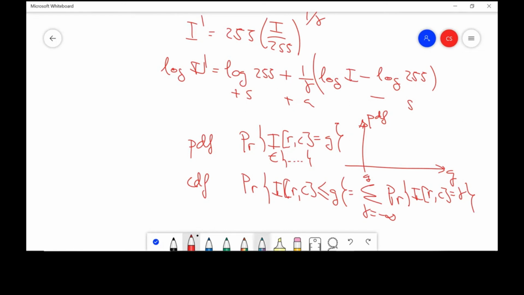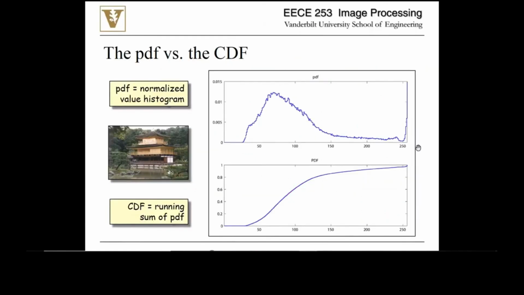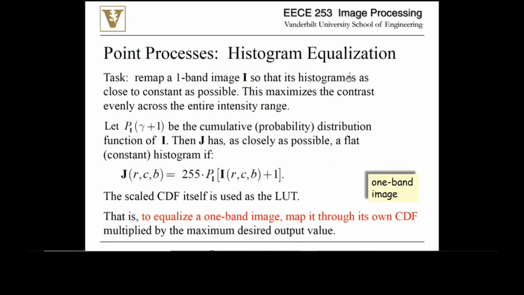Okay, so what we are saying here is the probability density function and the cumulative distribution function. And the trick is now that we can use the cumulative distribution function, so this one, as a transformation.